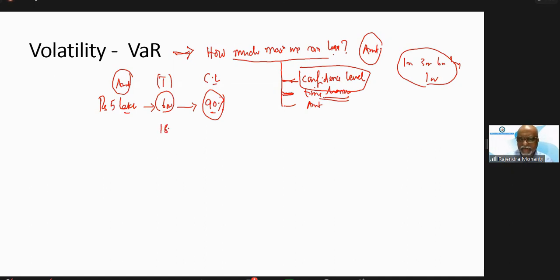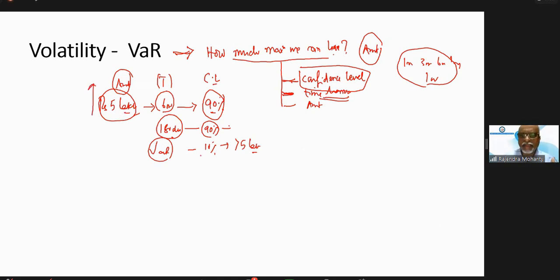That means in a 6 month period, say 180 days, I am confident that on 90% of the days my loss will not exceed 5 lakh. It will be within 5 lakh. But on the rest 10% of the days, my loss may go beyond 5 lakh.